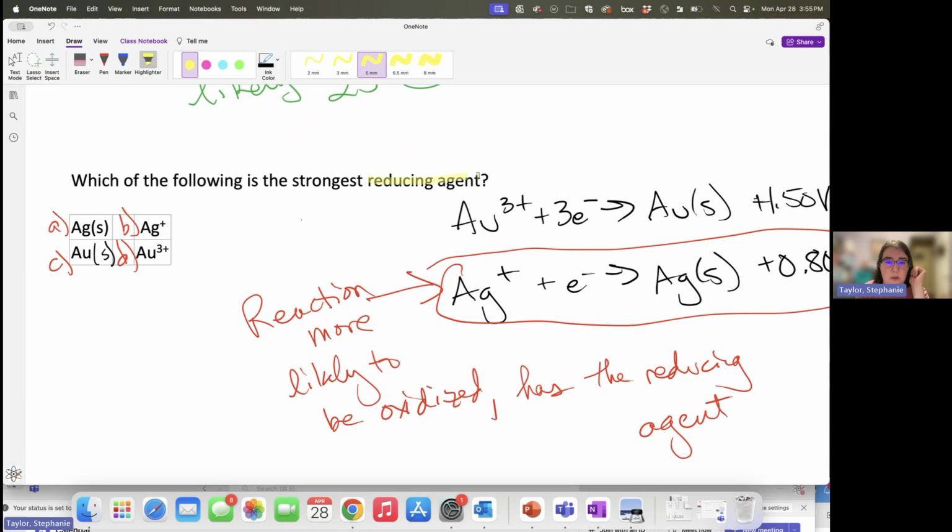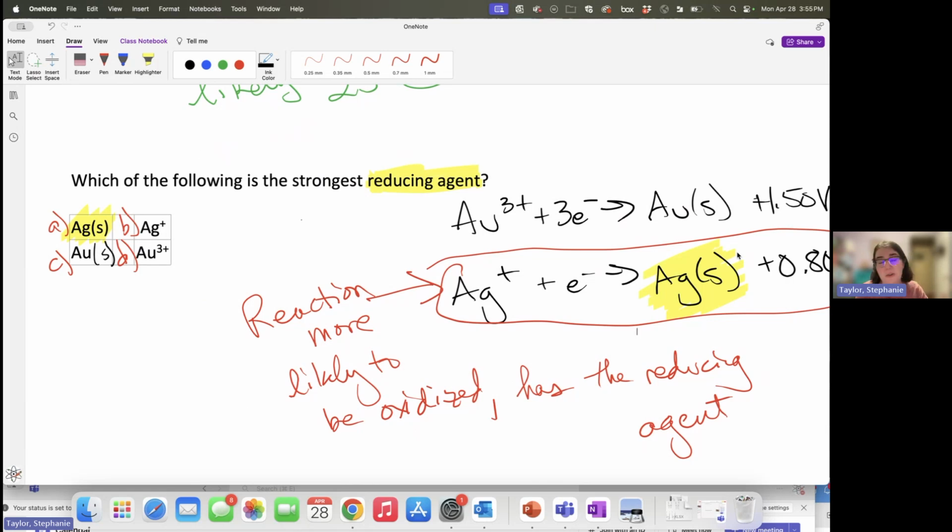So if I want a reducing agent, I need something that allows reduction to happen. I need something that's going to bring electrons to the party. I also need something that can actually be oxidized. That's just silver solid. Silver solid has electrons that it can give up. Silver solid is actually able to provide electrons.